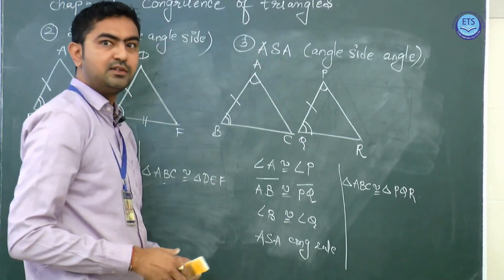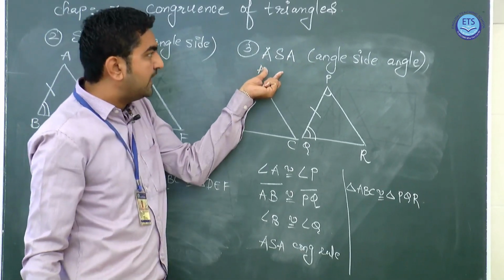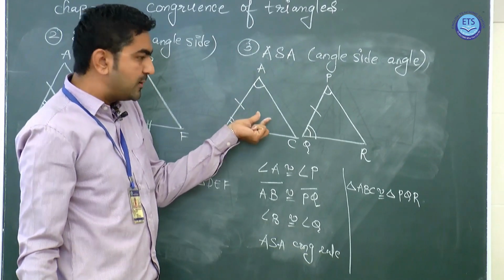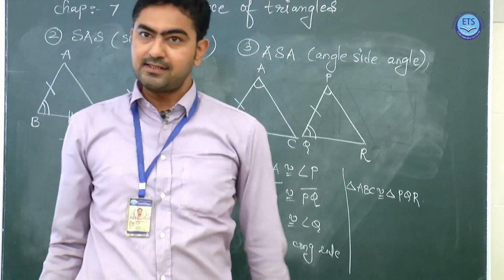This is the third rule to prove the congruency of two triangles.